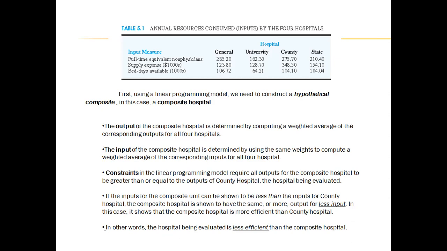And then if the inputs for the composite hospital can be shown to be less than the inputs for county hospital, the composite hospital is shown to have the same or more output for less input. So in this case, it shows that the composite hospital is more efficient than county hospital, since the composite hospital will just be requiring less input to produce more outputs.